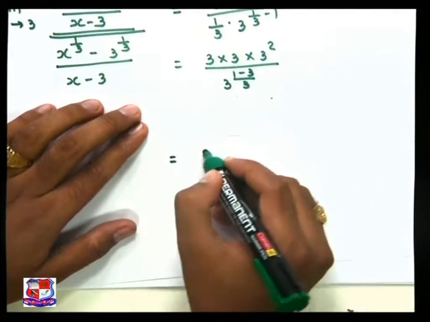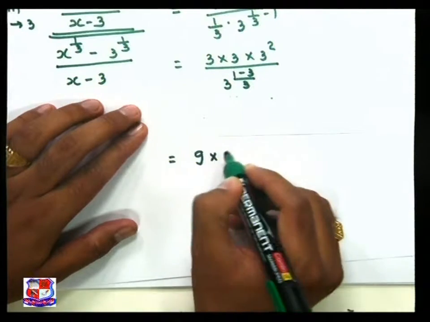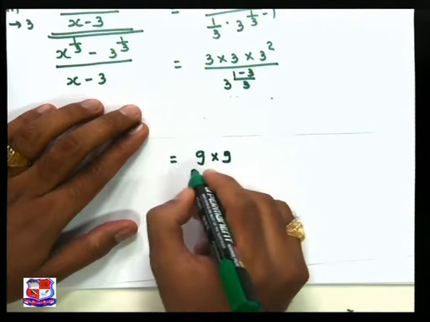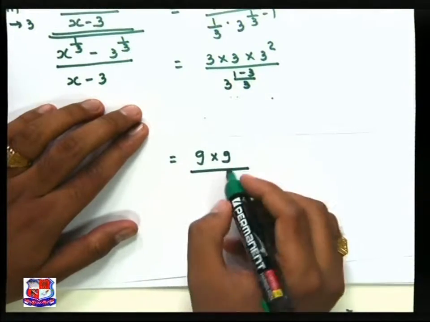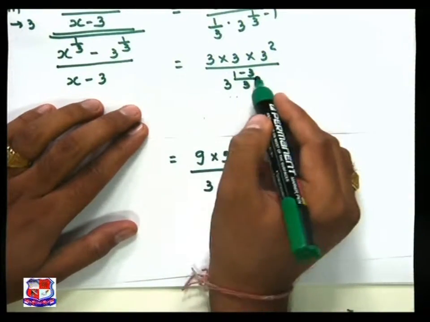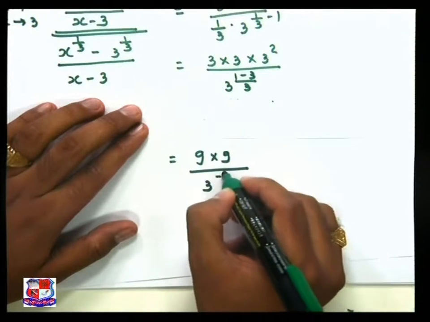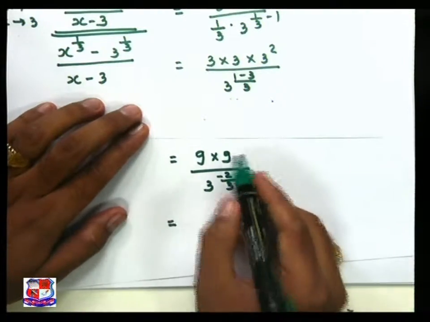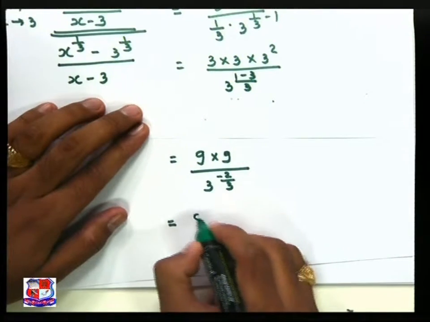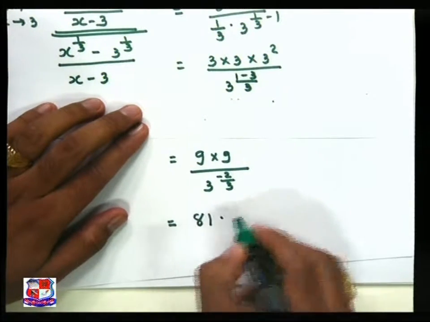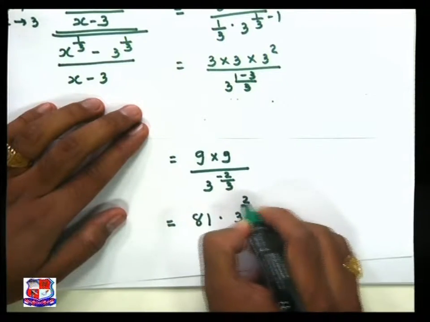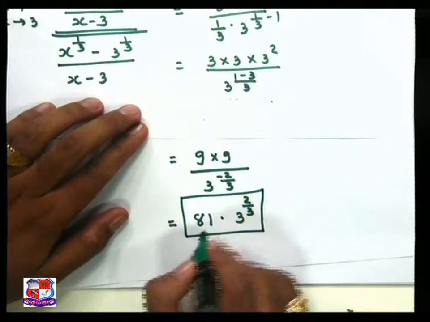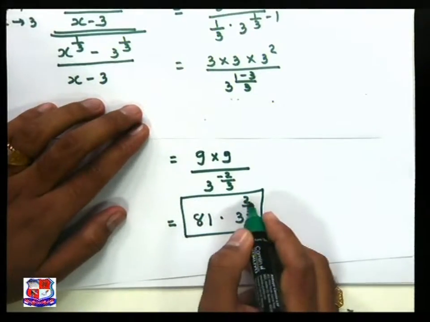So we can write here 9 into 9 divided by 3. 1 minus 3 becomes minus 2 by 3, and we can go to the final result, that is 9 into 9, that is 81 into 3 raised to 2 by 3. So our final answer is 81 into 3 raised to 2 by 3.